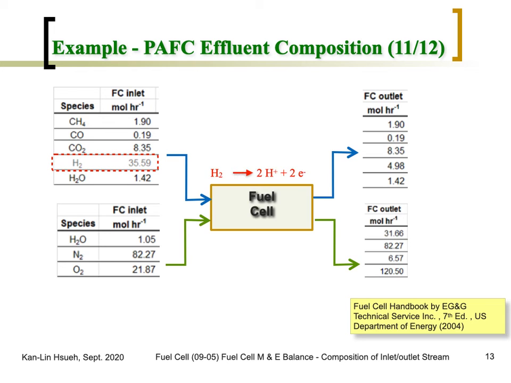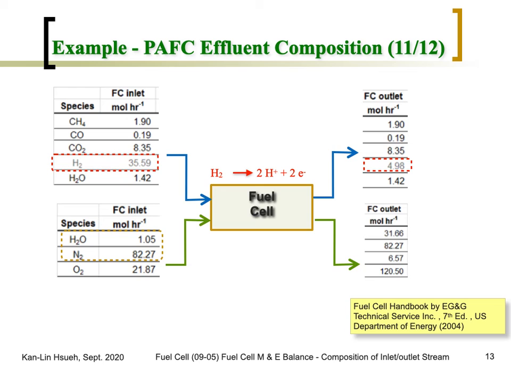The hydrogen flows through the fuel cell, is consumed, and only 4.98 mole per hour remains. So the total mass flow rate, or even the molar flow rate, on the anode or fuel side will be reduced. Some hydrogen is oxidized to protons, which go through the separator to the cathode, the air side. So on the air side, the molar ratio will be increased.